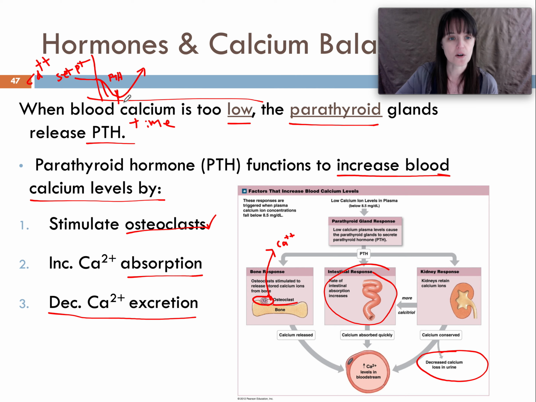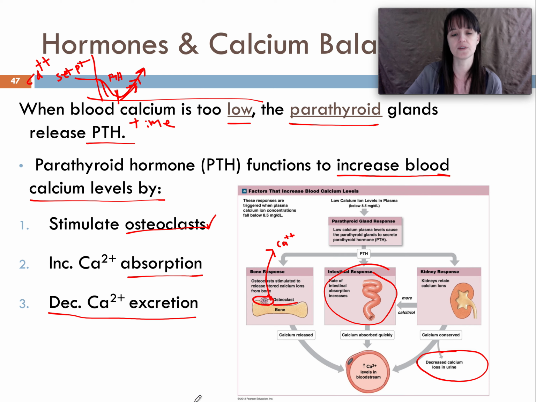And so those are the 3 ways that parathyroid hormone increases blood calcium: by increasing the osteoclasts, which dig holes into the bone, releasing the calcium into the bloodstream, so that raises the blood calcium levels. We're going to increase calcium absorption from the food, so that increases the blood calcium levels. And we're going to stop peeing out the extra calcium because we no longer have extra calcium to pee out.